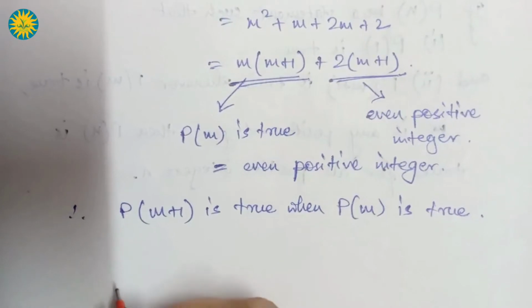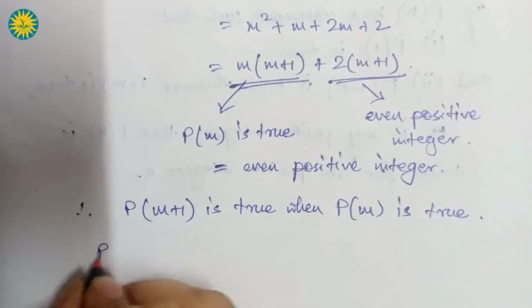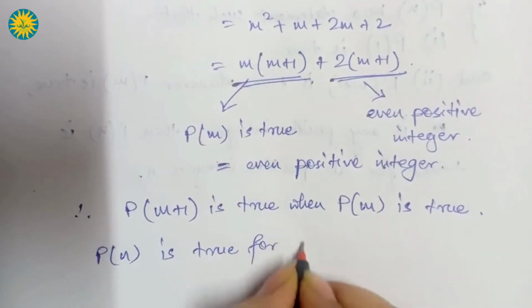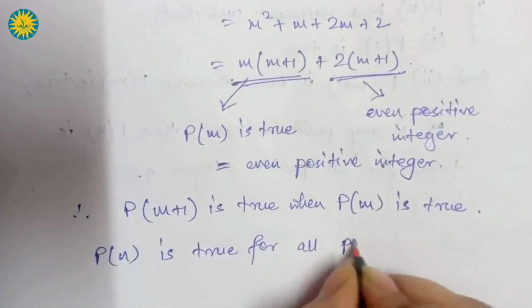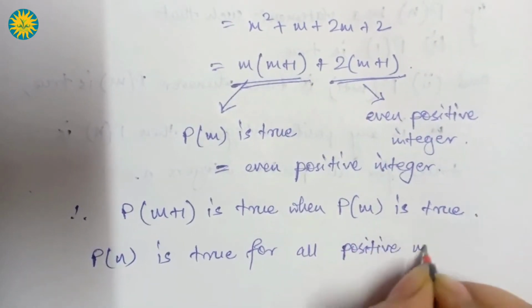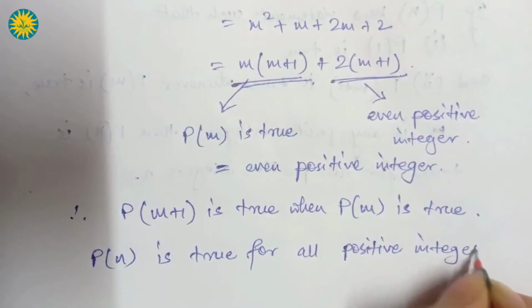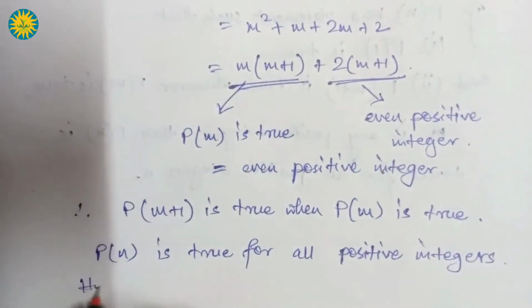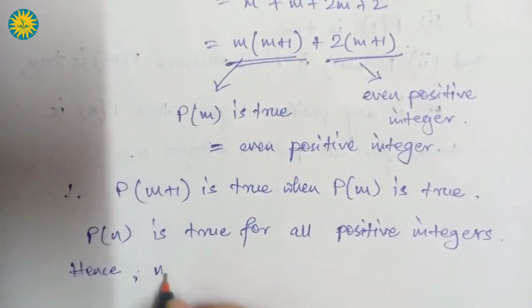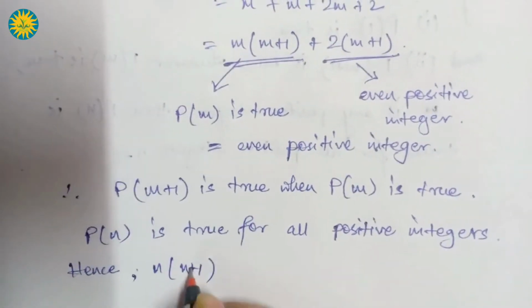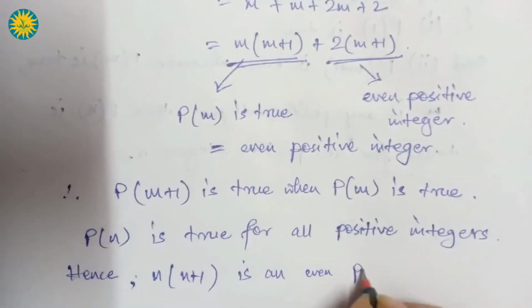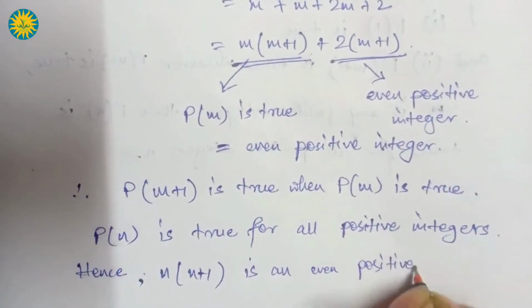So, by the principle of mathematical induction, P of n is true for all positive integers. Hence, we can write that n into n plus 1 is an even positive integer.